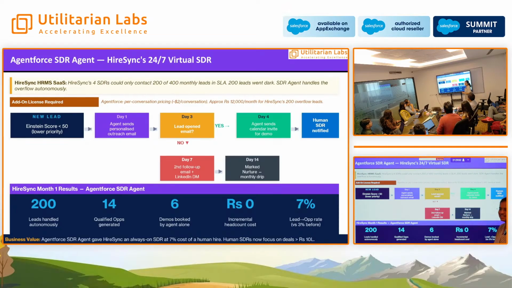This screen is a typical conversation in a sales boardroom of any SaaS company or other sales team companies. So what you're also saying is, when four human SDRs only contact 200 leads out of 400 leads in a month, there's a leak of 200 leads, whereas an agent can handle all the 400 automatically and take it to the fourth stage where we can hand it over to the human SDR.